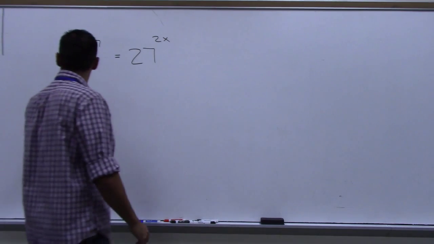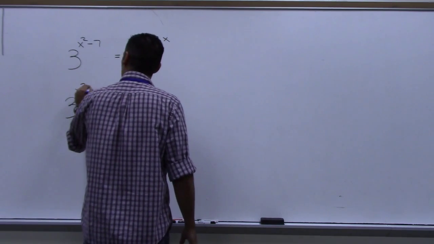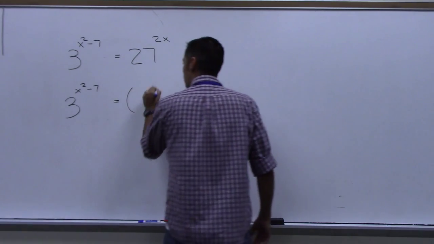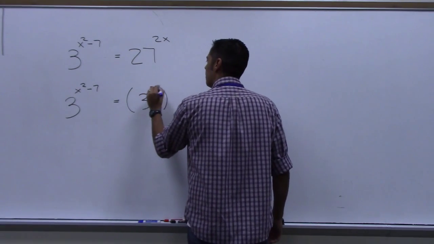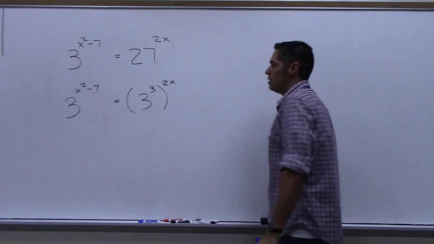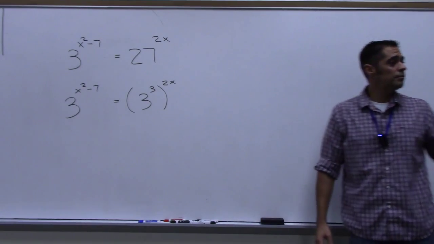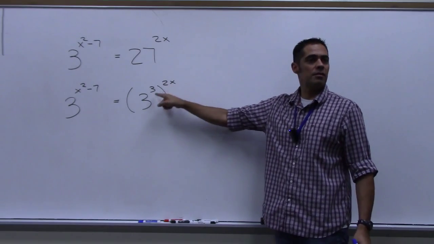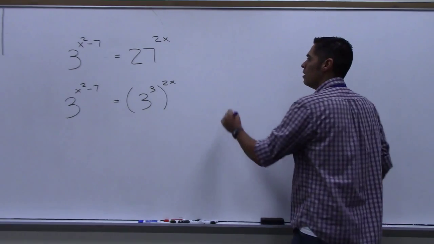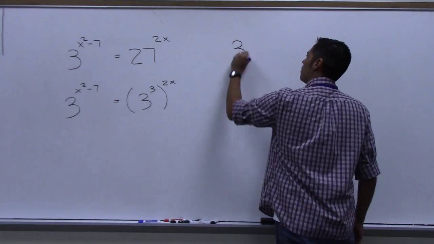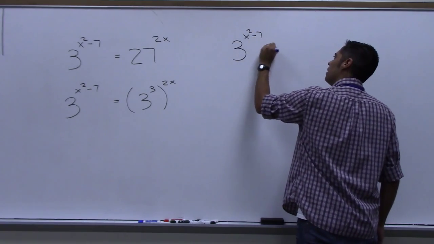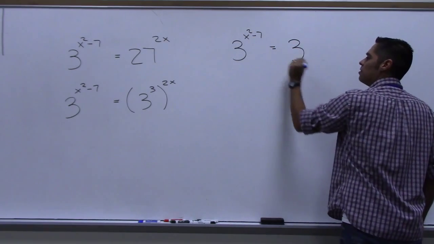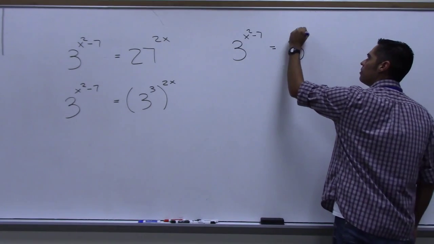And so we can rewrite this as 3 to the x squared minus 7 equals 27, which is 3 cubed to the 2x. And then what do we do? The 3 times the 2x using a property of exponents. So this becomes 3 to the x squared minus 7 equals 3 to the 6x.